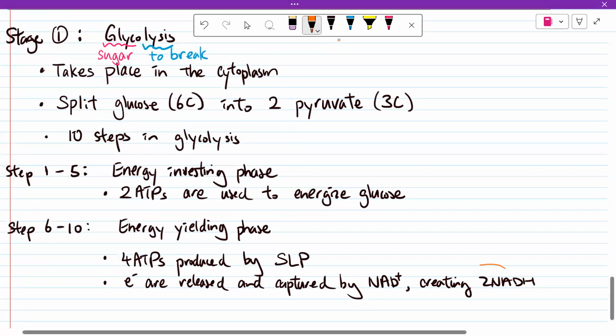Can someone please tell me where is this gonna go? The ETC. That's right. This is gonna go to the ETC, where you will take the electron to make more ATP, right? That method is called oxidative phosphorylation, as opposed to substrate level phosphorylation.